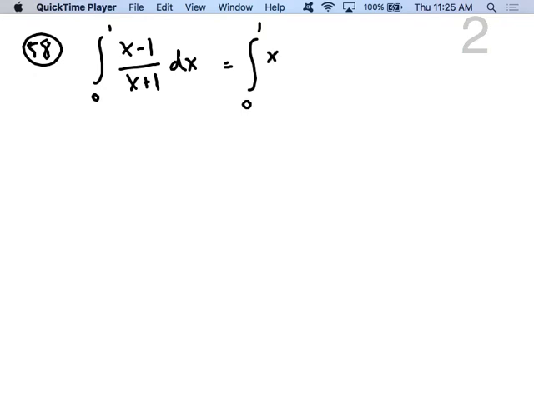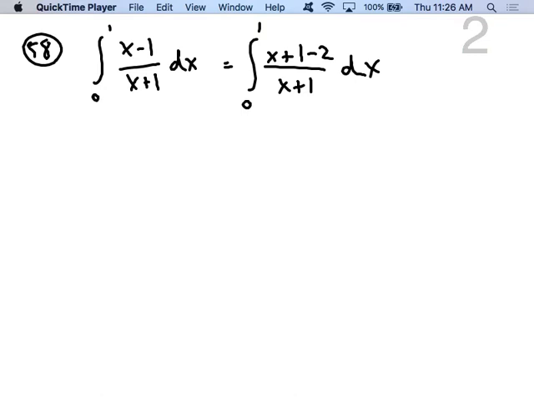All right, here we go. So what I did was, I rewrote the top. So then you just split the fraction?